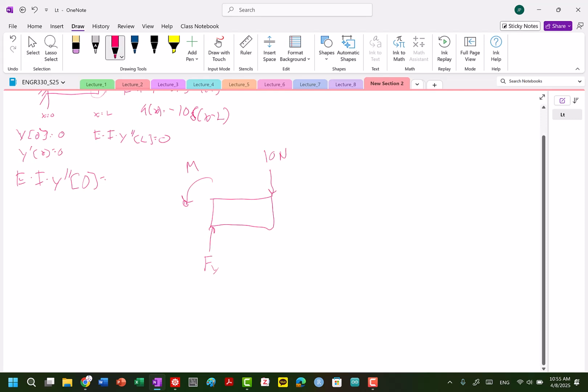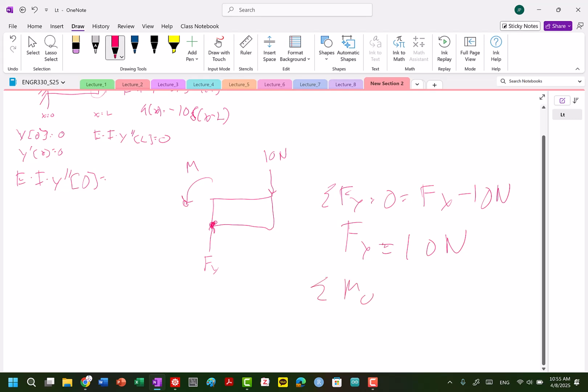I'm going to calculate the moment from this position here. So I'm going to say that the sum of the forces in the y direction must be equal to 0, and that's going to be equal to F of y minus 10 newtons, because it's pointing down. So our F of y is equal to 10 newtons.